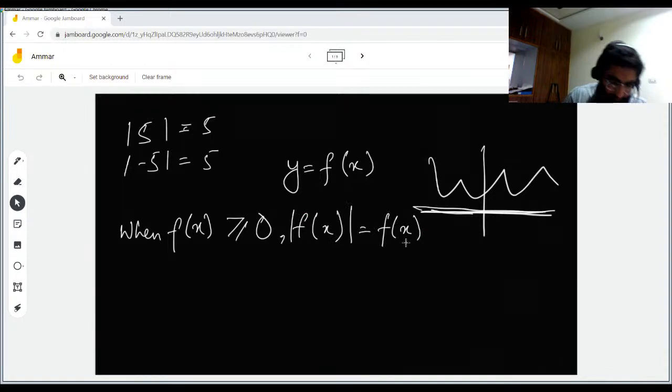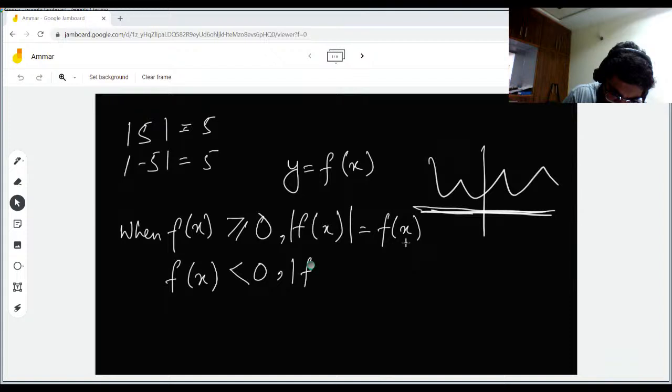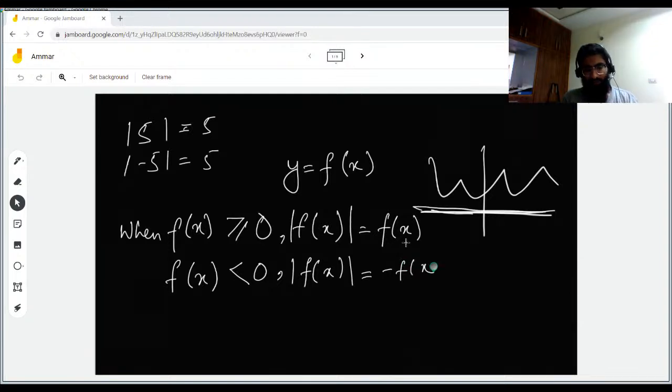But when we are talking about the negative region, when f of x is less than 0, then mod of f of x will be equal to minus f of x. Practically speaking, when we get to questions, we will see what implication it will have.